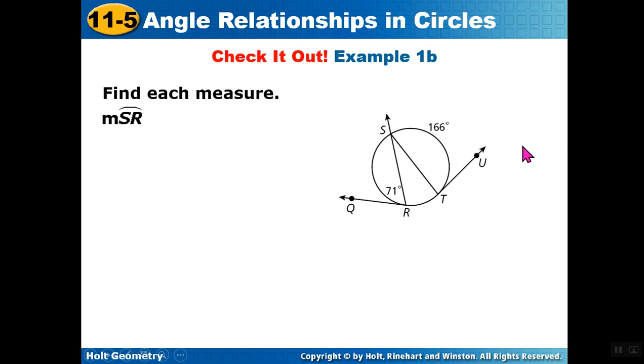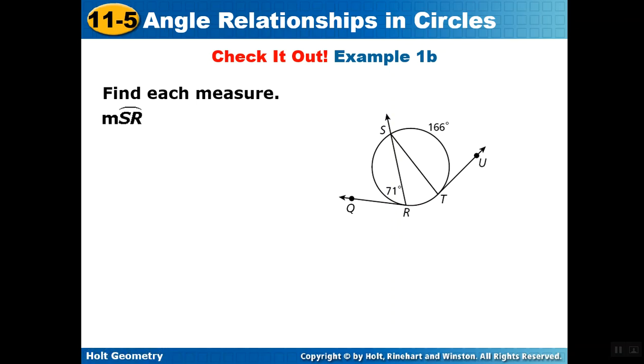Okay, measure of arc SR. Again, it is in between the secant SR and the tangent QR. Now tangent QR and secant SR intersect at R, the point of tangency.